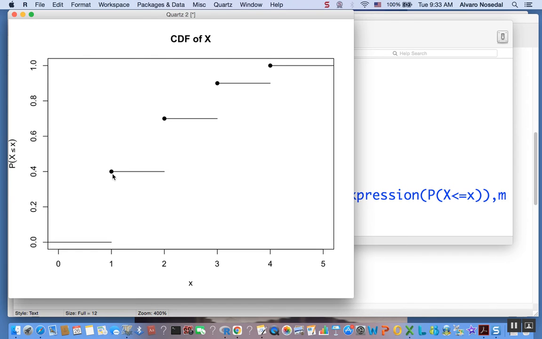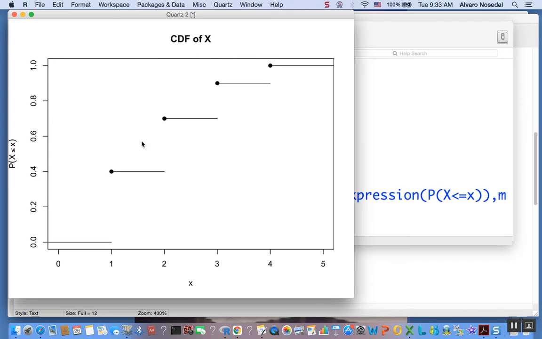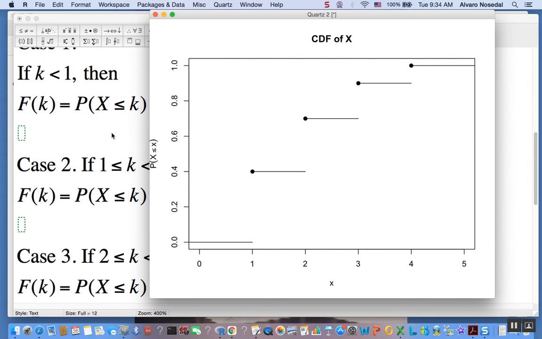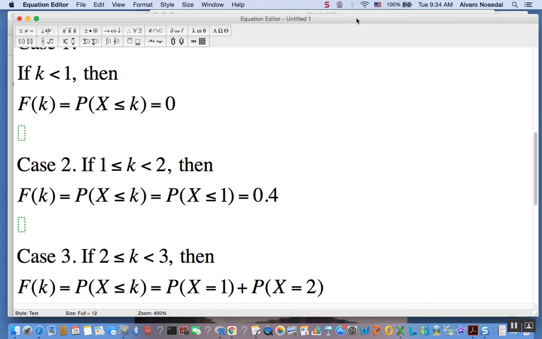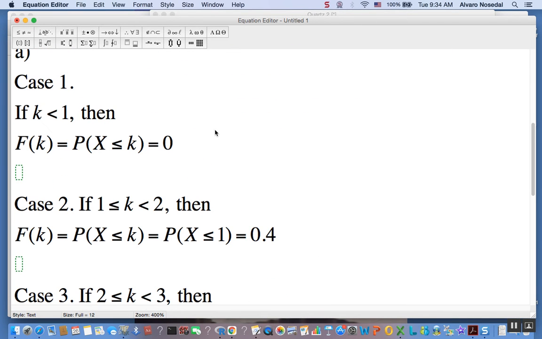So that's why I used that pch equals 19. Then we are going to have those solid circles here, right? And let's see. I want you to see clearly that that graph corresponds to the function we found.